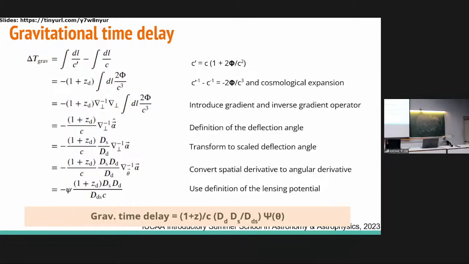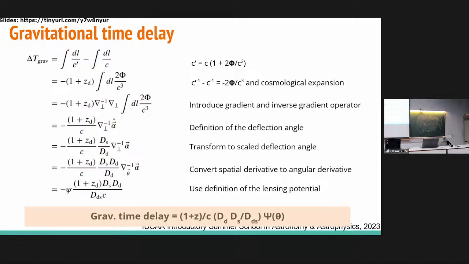So what is this gravitational time? So this is related to the fact that rather than traveling straight, now you're traveling a little bit from farther away. Right? So this dl by c prime is because the speed of light is changing, right? And let's work it out with respect to if the lens was not there. Okay.